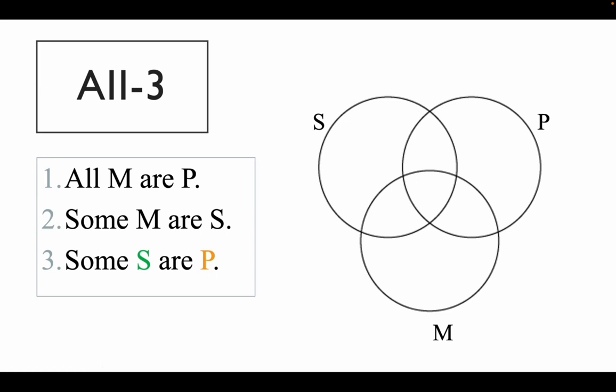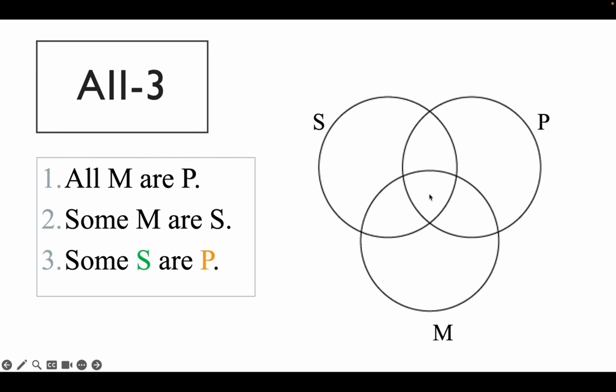I diagram that some S are not P. And if I put the X over here, I also diagram that some P are S. Yes, that's the conclusion, some S are P, but also I diagram that some S are M. And that's not what I want to diagram.